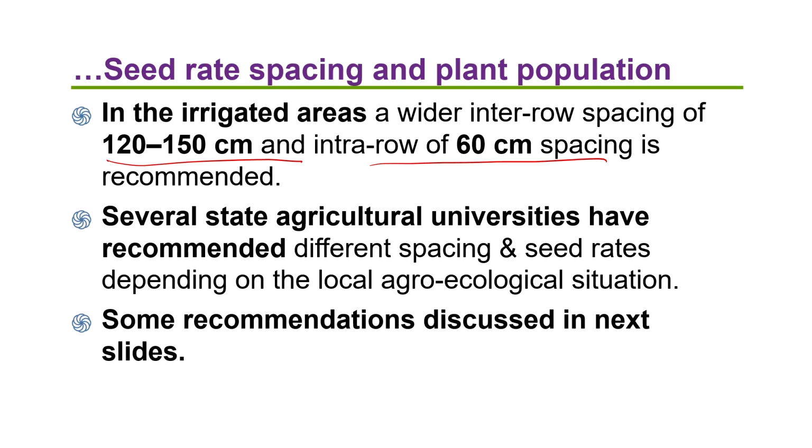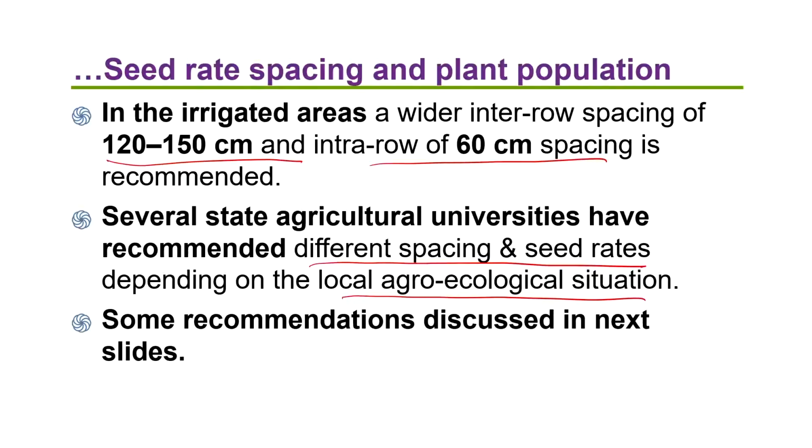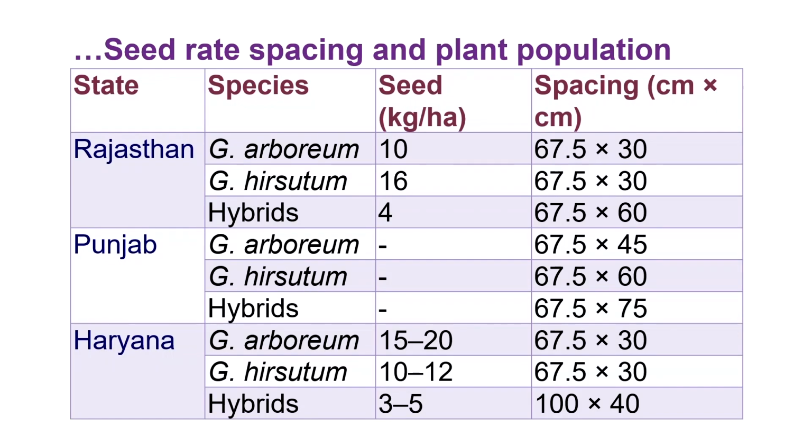Several state agricultural universities have recommended different spacing and seed rates depending upon the local agroecological situation. So, for plant spacing or geometry, there are a number of variables which affect the values. Some recommendations you can see on the next slide.